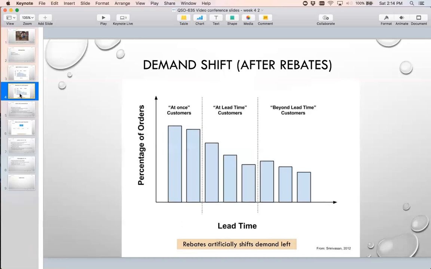And even with push systems, what I've seen personally is people will take the artificial demand created by rebates as actual demand. So their forecasting actually takes into consideration this rebate, which basically artificially inflates the demand over that time.